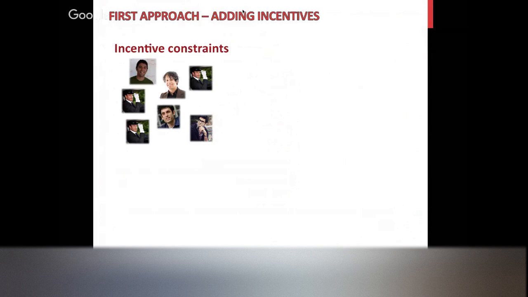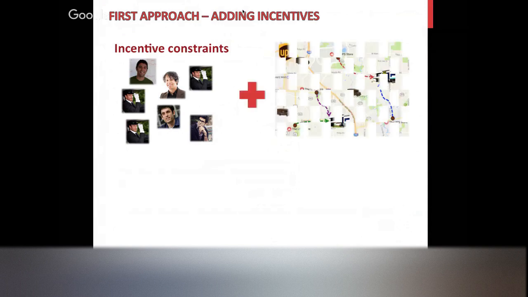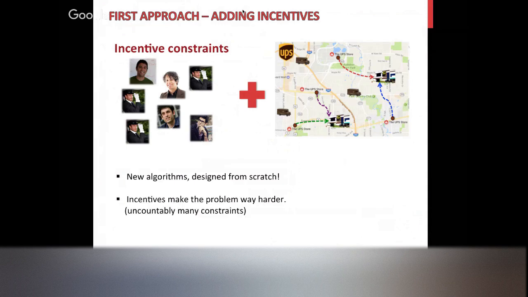But the problem is, if you add that to the non-strategic problem, you will have an optimization problem that has maybe uncountably many constraints, because you need to look at any deviation, and maybe the strategy space is continuous. Therefore, you have uncountably many constraints. So you need to design a new set of machineries to attack this new problem. And this is why mechanism design is a hard question.